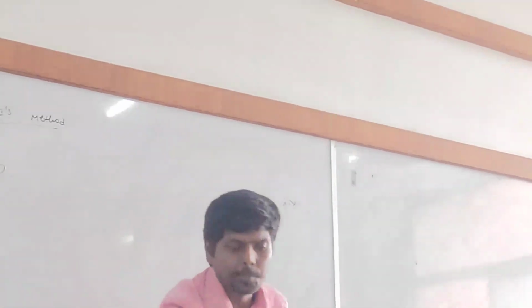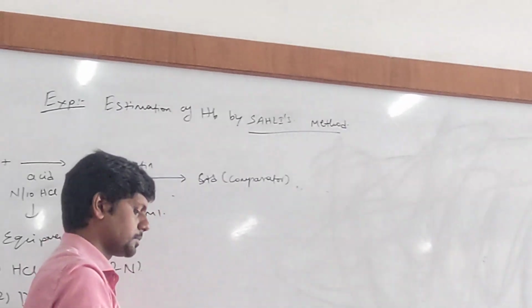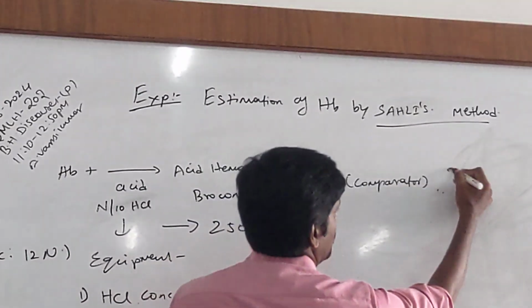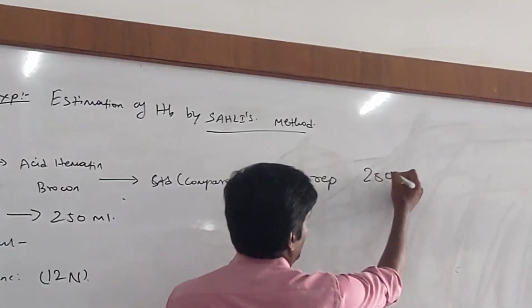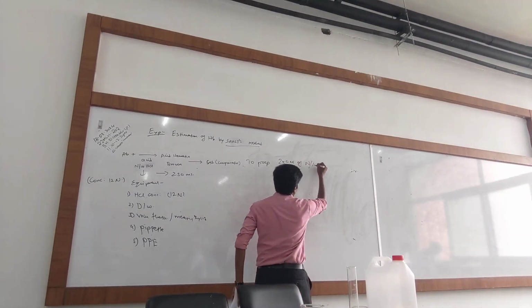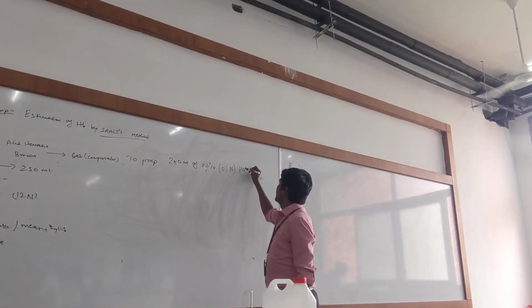So write down the formula. The formula for preparing this one is: so here to prepare 250 ml of N by 10, that is 0.1 normal HCl.